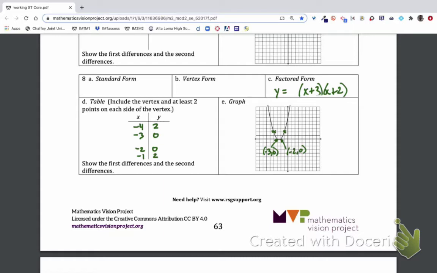Now, the last part here is the vertex. Being able to see this and understand what's happening. The vertex is going to be halfway in the middle of my x-intercepts. Well, in between -2 and -3 is -2.5.